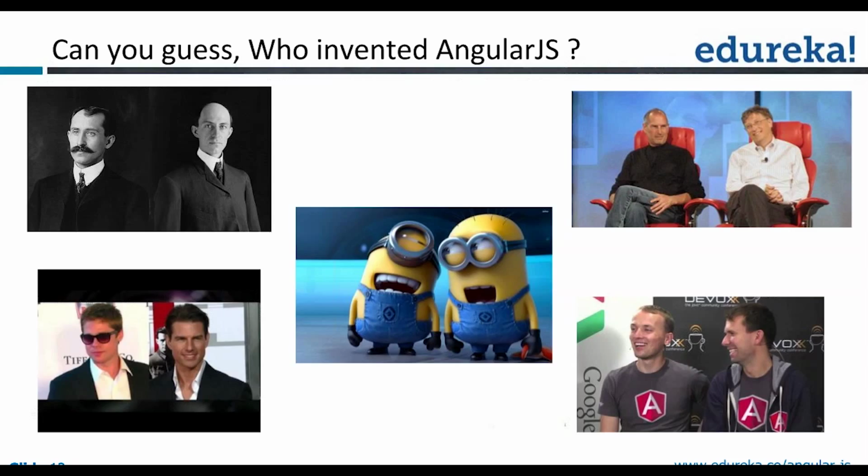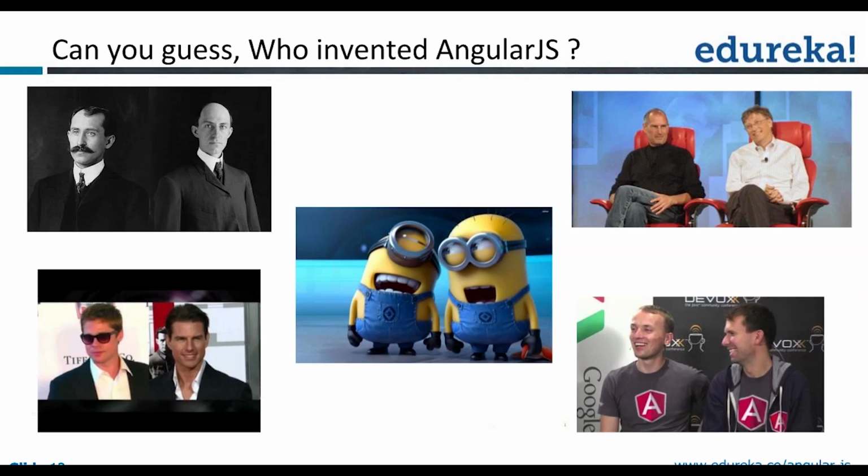Actually, it started with developers working at Google on a particular project where they were using GWT, and the entire application was not making much progress in GWT. So one developer came up with a framework, AngularJS, and he said that this entire application, which was developed in 6 weeks, can be done in 2 weeks. That was his claim, and then he did it.